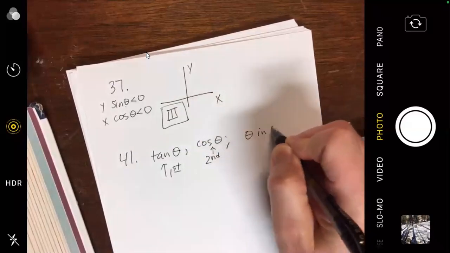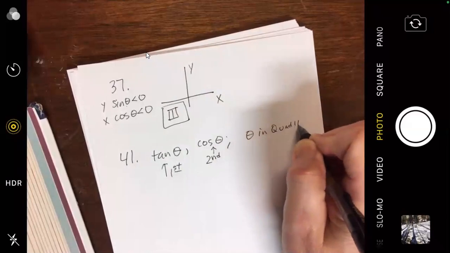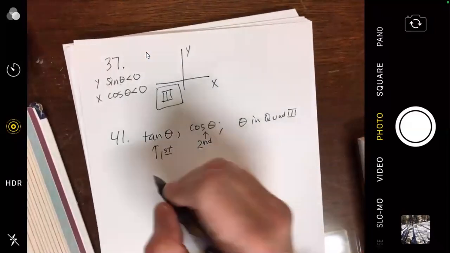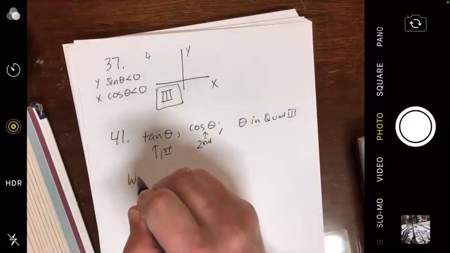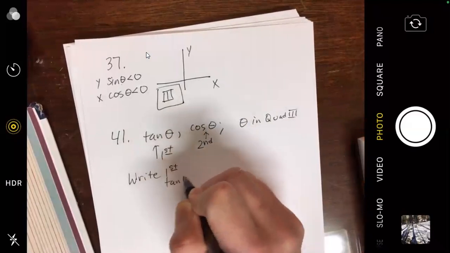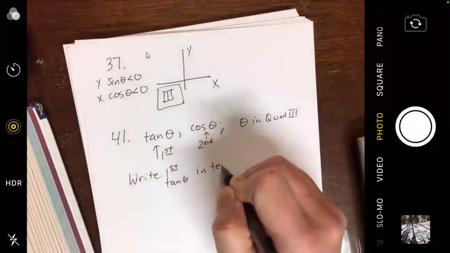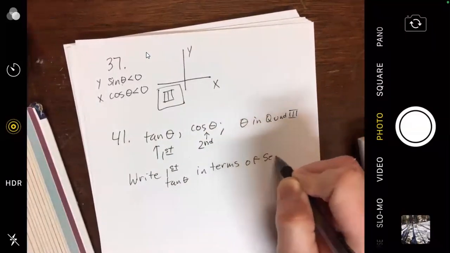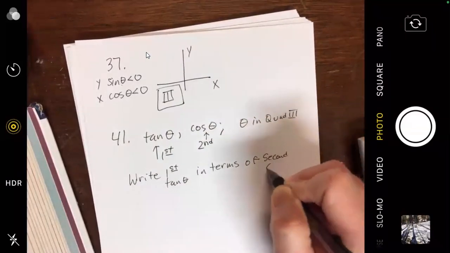Theta in quadrant 3. Write first, that means tan theta, in terms of second, which is cosine theta.